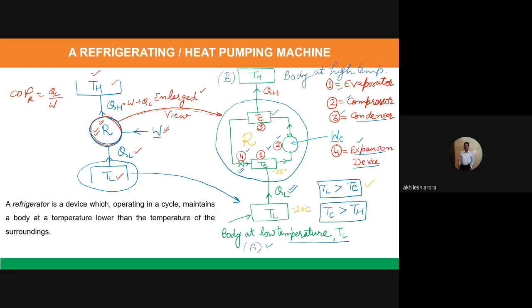Only then is the heat transfer QL possible, if there is a temperature gradient. Similarly, to transfer heat from TC to TH, the value of TC should be greater than TH. If TC is 50 degrees Celsius, then TH should be 45 degrees Celsius. Only then is the heat transfer possible.